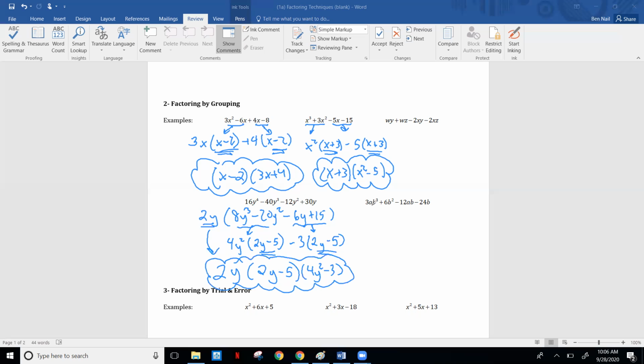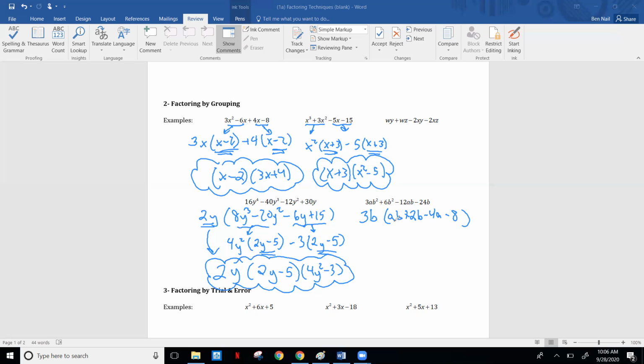So if you look at 3ab squared plus 6b squared minus 12ab minus 24b, these are all divisible by 3. You'll also notice they all have a b term, so we can factor out a 3b. If we divide out a 3b, that leaves us with ab plus 2b minus 4a minus 8.